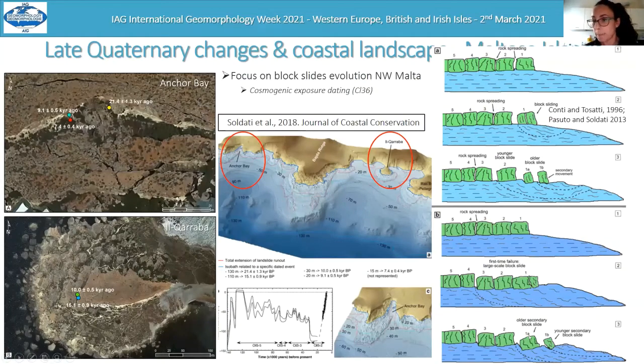Then, during the post-glacial sea level rise, it is possible that sea level influenced the underlying clays, thus triggering secondary detachments.